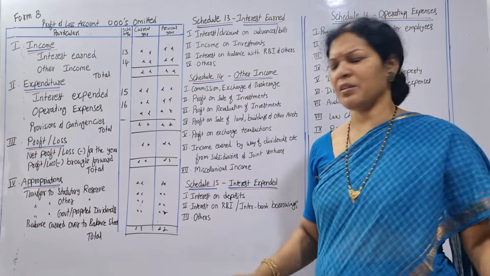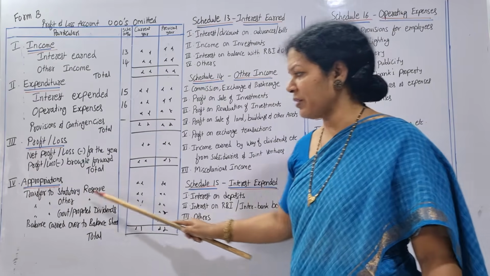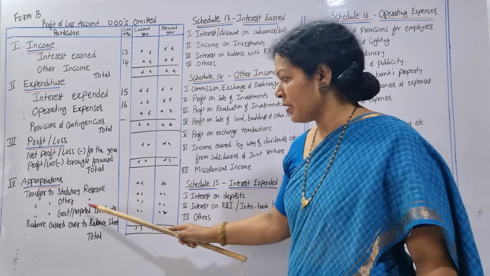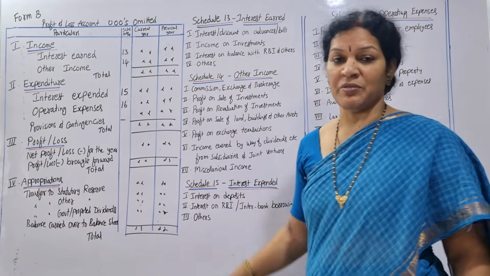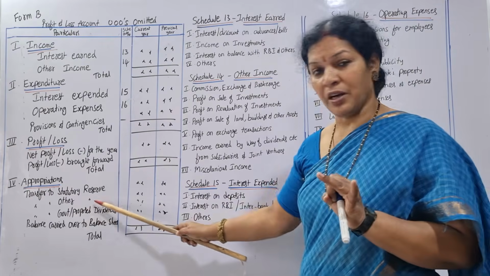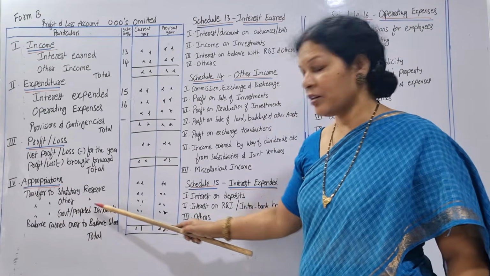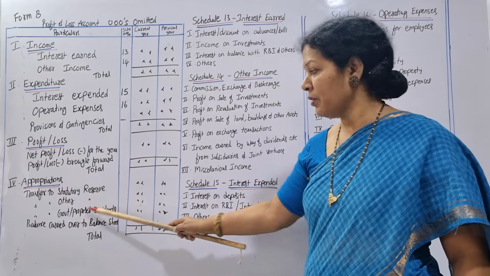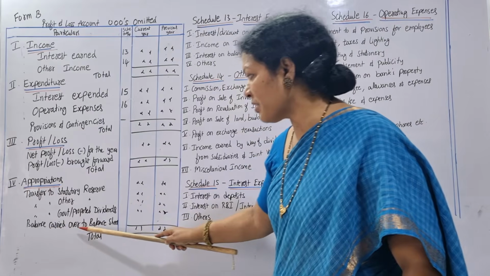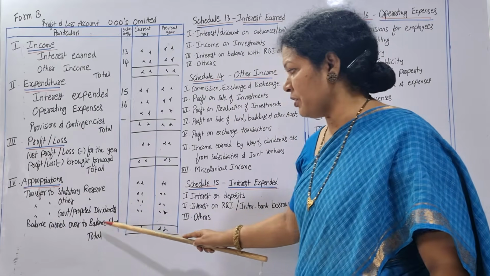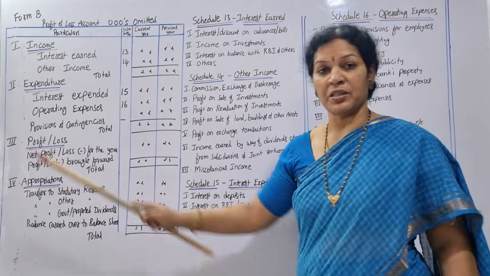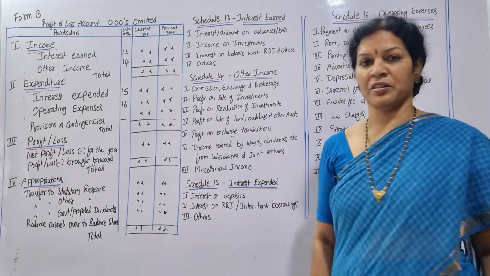Transfer to statutory reserve, transfer to other reserves, transfer to government dividends or proposed dividend, and balance carried over to the balance sheet. So only 4 items come under the appropriations. We write the total. That's all.